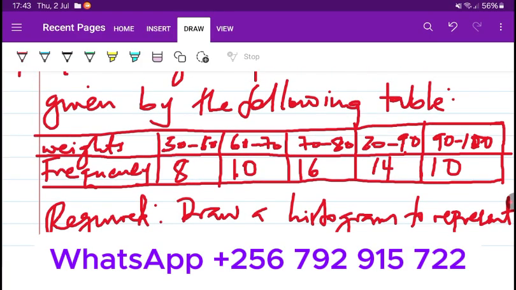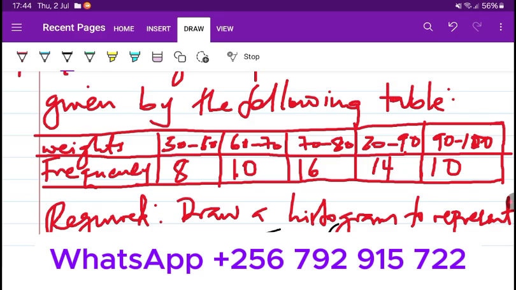Of course, if you look at this information that is given to us in the question, we are seeing that it has a class of 50 to 60. And I told you we need to get the class boundaries. Remember, I told you that we look at the class.